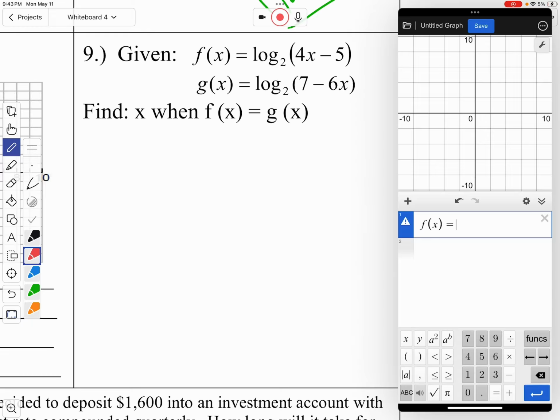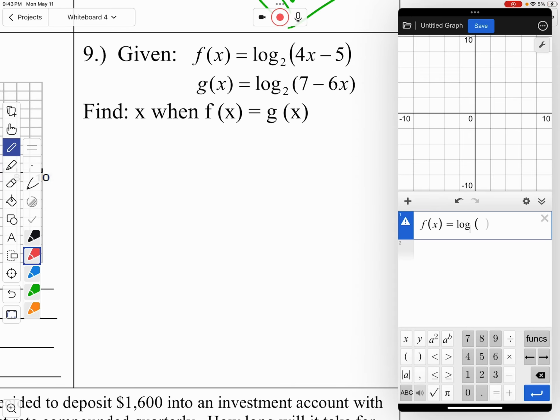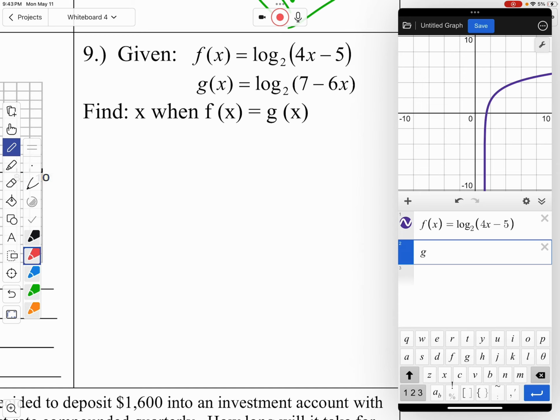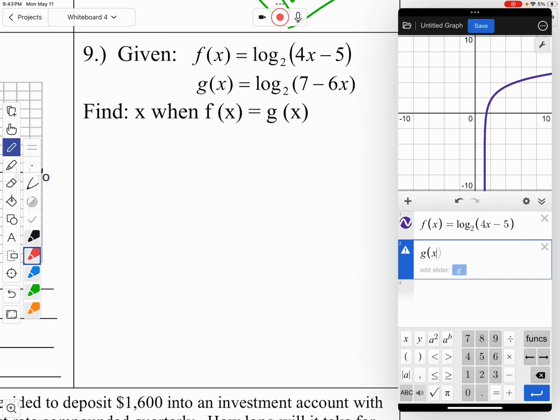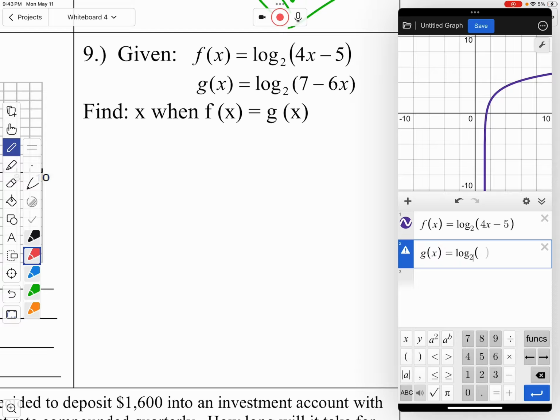F of x is equal to the log, and I need a base 2. So log base 2 of 4x minus 5, and g of x is equal to log base 2 of 7 minus 6x.